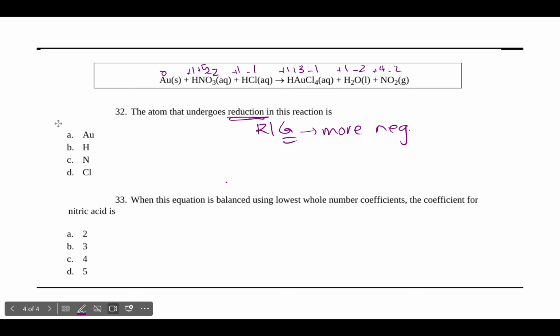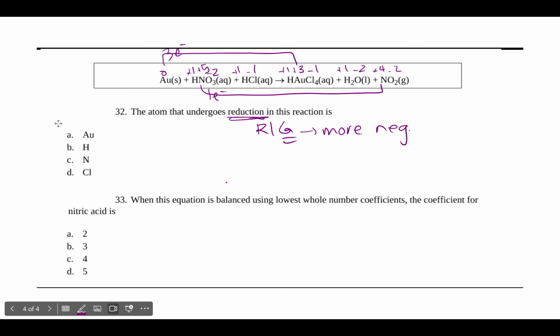Then see what's changing. We have nitrogen going from +5 to +4. So that's an exchange of 1 electron. And you also have Au changing from 0 to +3. So that's a loss of 3 electrons.